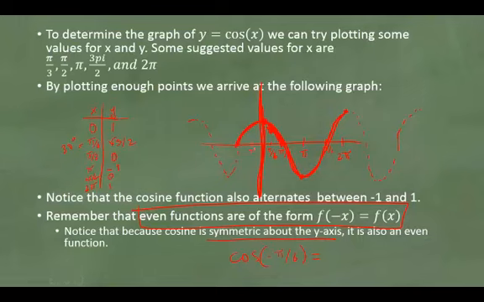Negative pi over 6 is here. It's the same value, square root of 3 over 2, the same as cosine of pi over 6. So even functions are not affected by minus signs. The minus sign doesn't do anything. Okay, so for sine it makes a difference, for cosine it doesn't.